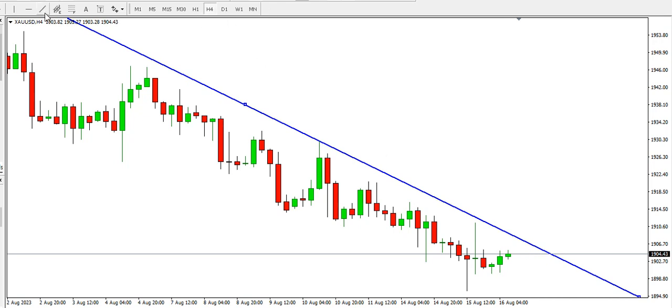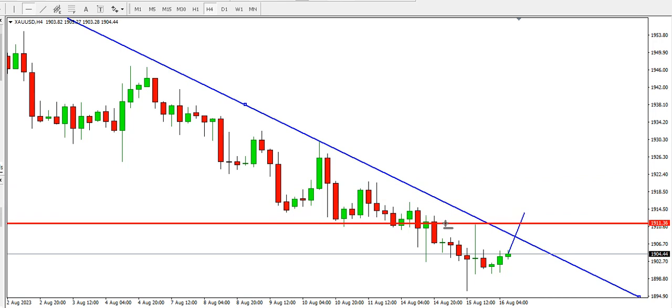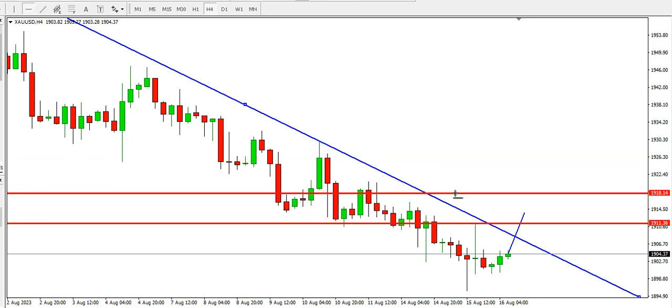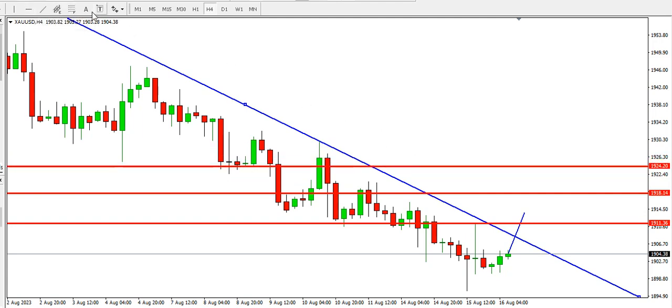On a break above the trend line, the price is obviously going to meet so many other blocks on the way that might serve as supply or resistance to price. We have one right here, another one at this point, another one at this point.